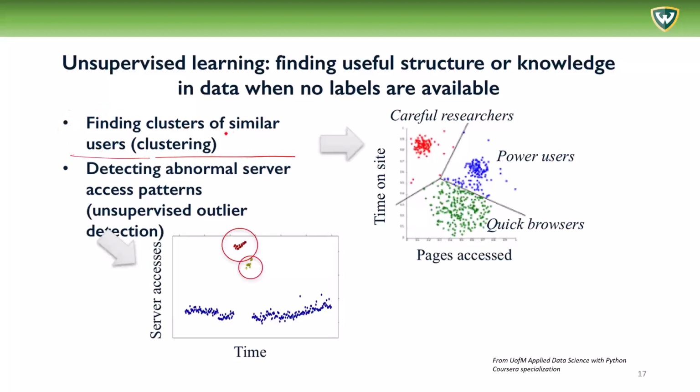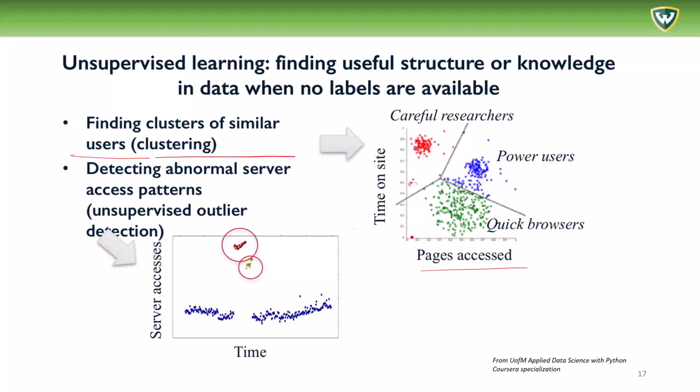That's finding clusters of similar users. So perhaps you run a website and you want to know what kind of users are on your website, and you plot a graph of the number of pages that people access along with the time on the site. Each dot here is a person.